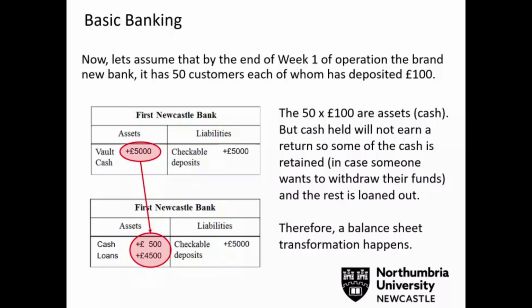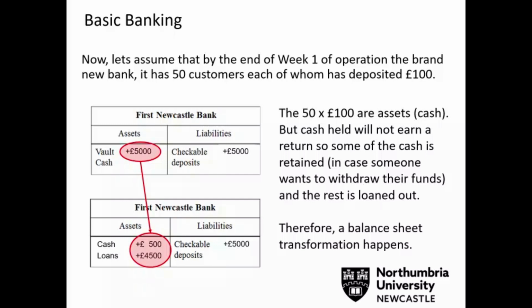We put the cash reserves as 500, and then the bank knows that we can potentially lend out a large proportion of this cash reserves, and it converts the 5,000 into 500 cash reserves and 4,500 into potential loans to lend out to customers. So this is the first step in the wealth creation process.